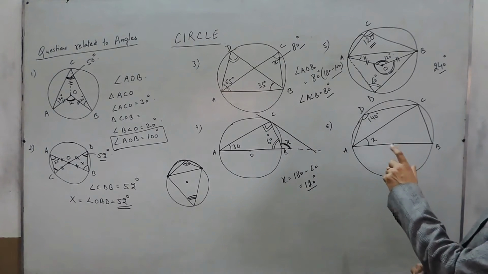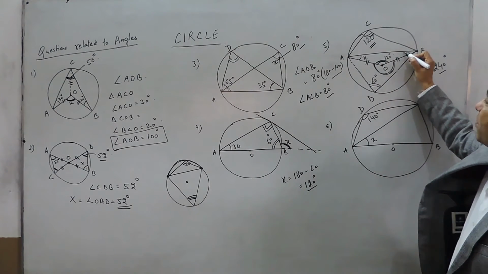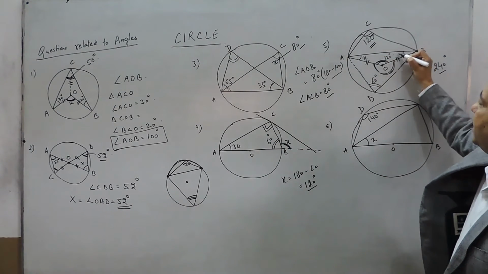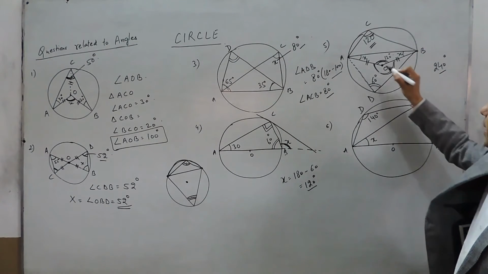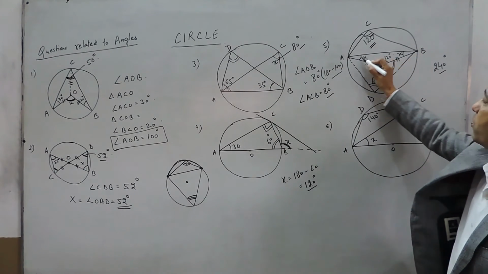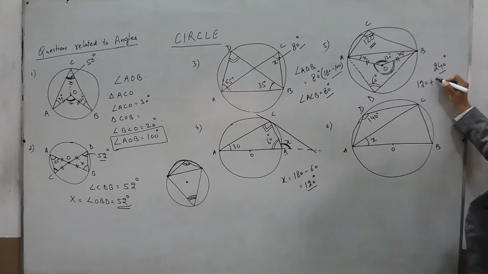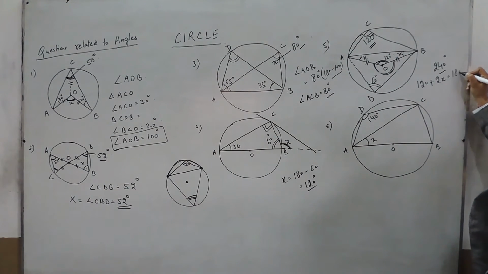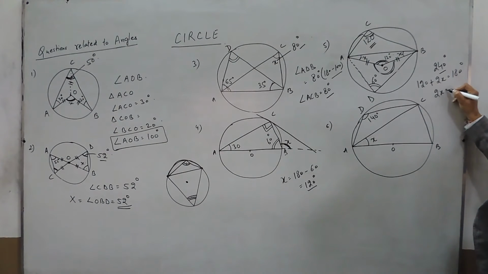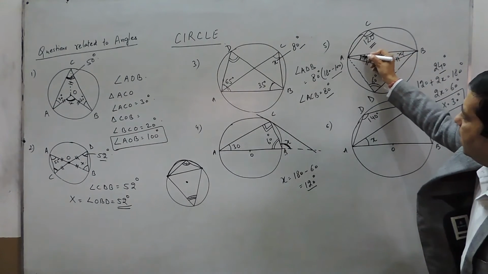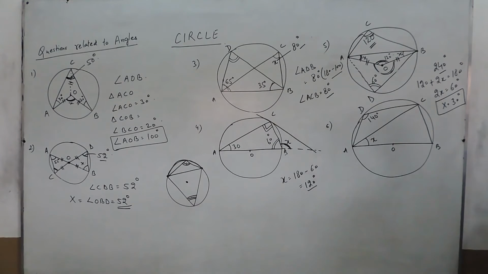It means the angles corresponding to these must be equal. So if this is x degrees, then this angle is also x degrees, and the sum of these 3 angles must be 180 degrees. So it is actually 120 plus twice x equal to 180 degrees. The value of 2x becomes 60 degrees and the value of x becomes 30 degrees. So here the angle is 30 degrees in this segment.